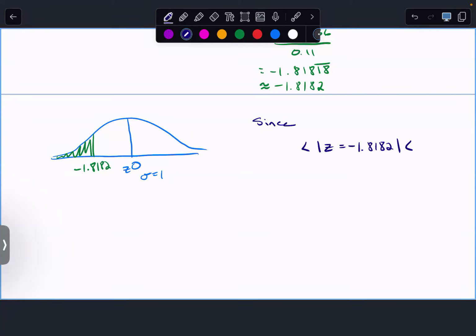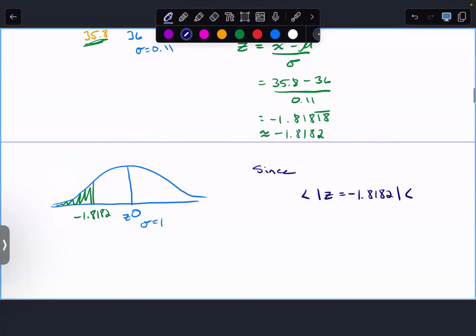The absolute value, remember, just drops the negative. It turns it positive. It's a function that makes it positive. And why did I do that? Because if we remember, the table only has the positive values, right? But that's okay, it's symmetric, so it works still. Okay.